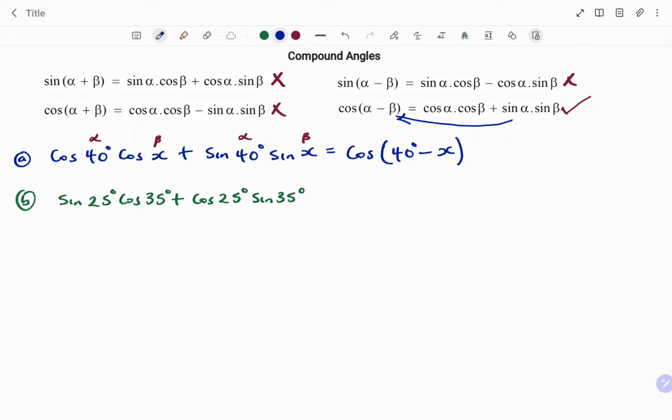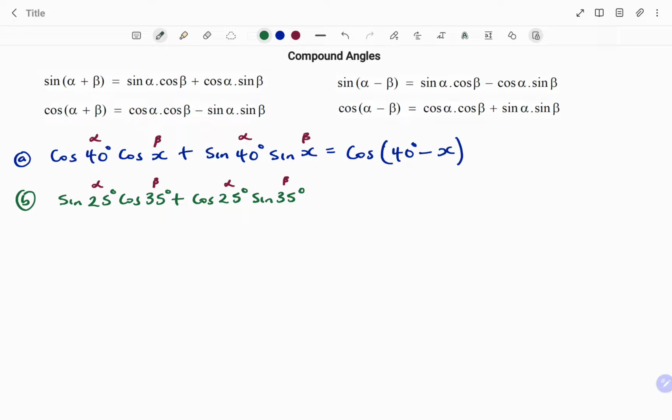In my last example, I have sine 25 cos 35 plus cos 25 sine 35. So I'm going to tag my 25 degrees as my alpha, as shown, and my 35 degrees as my beta.